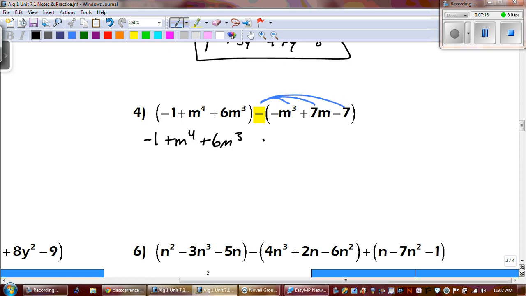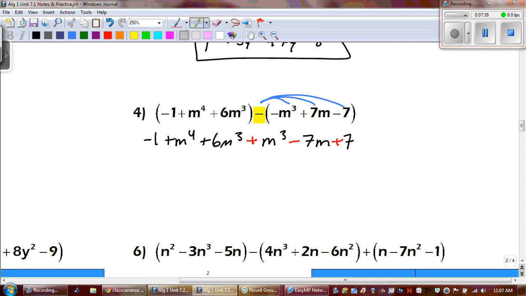Okay, remember our terms stay the same. It's the symbols that change. A negative times negative, positive, or it was subtraction, now it's addition. It's addition, now it's subtraction. It's subtraction, now it's addition. Okay, so we're changing the symbols.